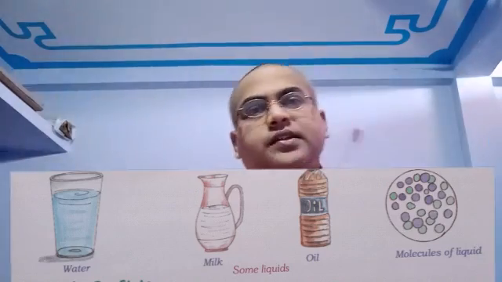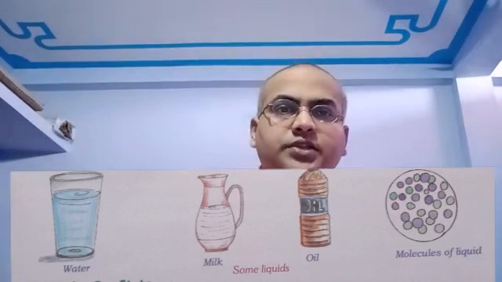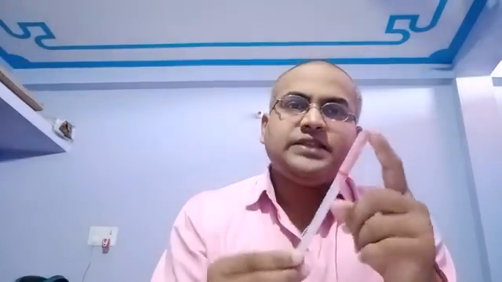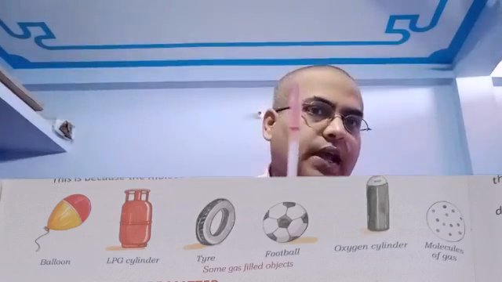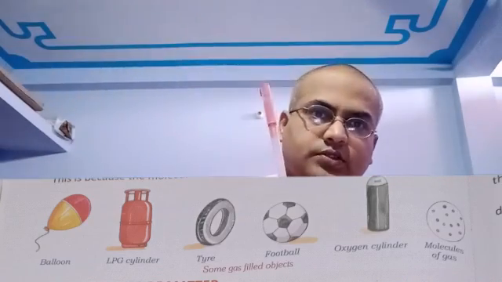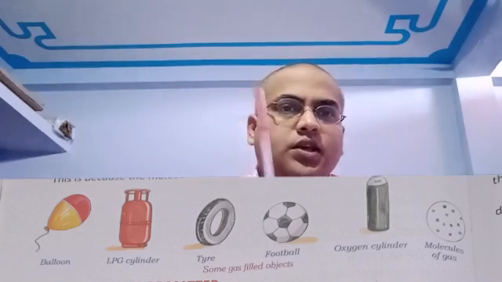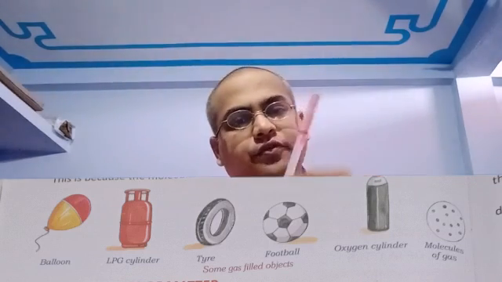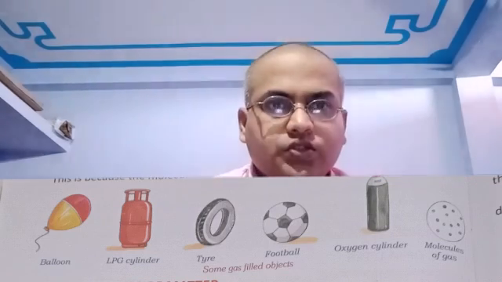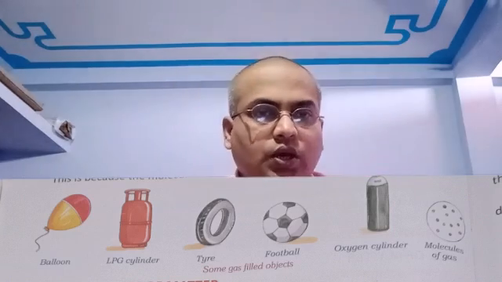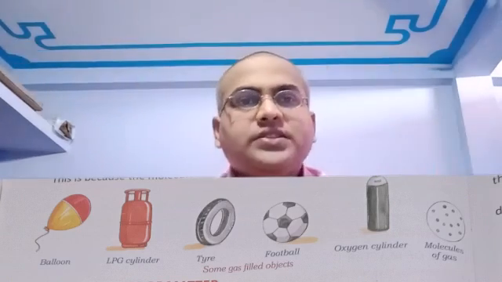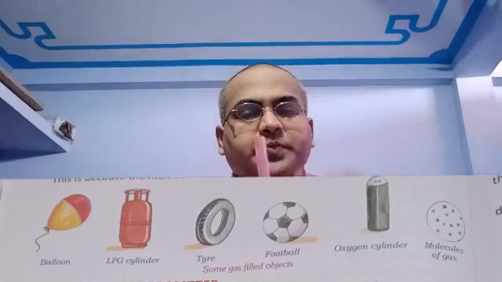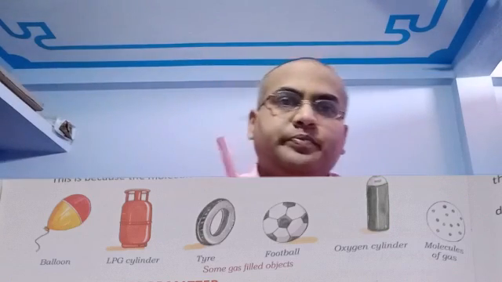This pen is made up of matter, meaning molecules join together and form this structure. These small particles form this solid, and this matter occupies some space, and that amount of space is called the volume of this pen.